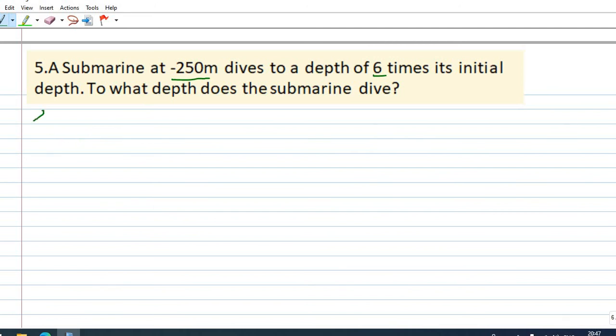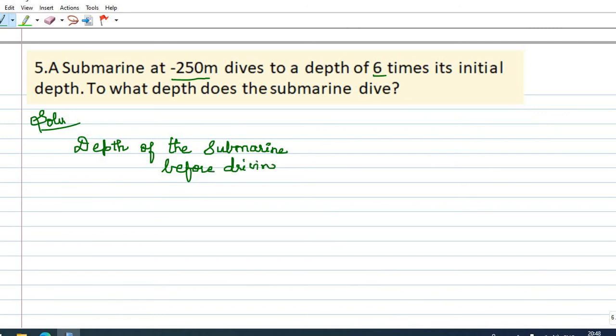So if I multiply, I can get the depth of the submarine dives. So, listen, children. Depth of the submarine before diving, how much, which is given in the question?